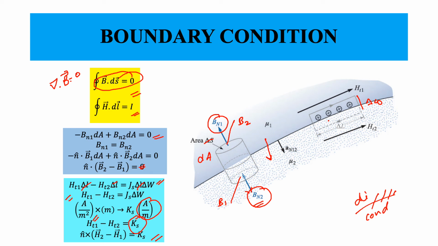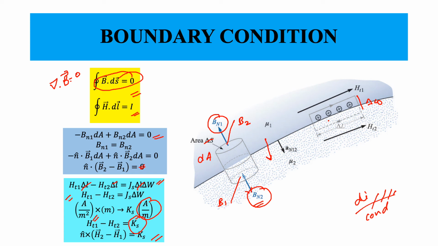If one medium is magnetic and the other medium is non-magnetic, the same kind of relationship would exist, because if one is magnetic, B2 will be 0, so the magnetic field would just be continuous across that interface. The normal component of the magnetic field must go to 0 here. It does not mean that the tangential component has gone to 0.